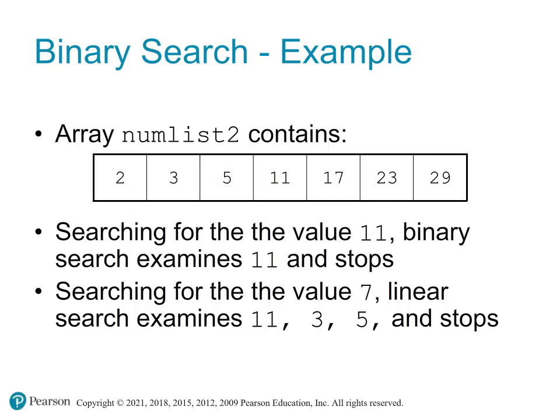Still no match. And with no more elements left to examine in the potential range, the algorithm stops. So in the second case, only 3 elements are examined to conclude that 7 is not in the array. This demonstrates again the efficiency of binary search compared to linear search, which would have examined all 7 elements.